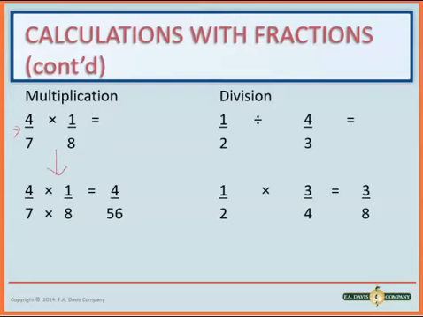You can work straight across, like this. So 4 times 1 is 4. 7 times 8 is 56. So our ultimate answer is 4 over 56 for multiplication.